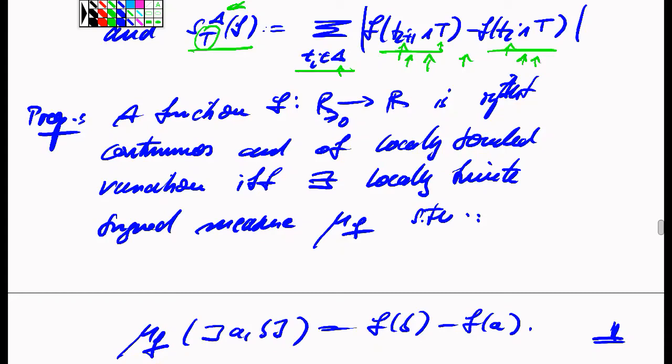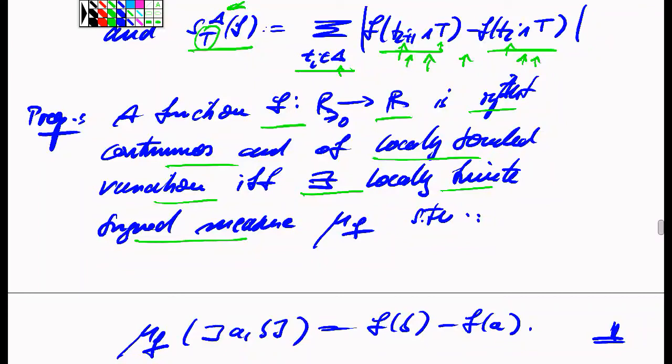And this proper statement goes as follows. A function which, for instance, goes from the non-negative reals into the reals, such a function is right continuous and of locally bounded variation if and only if we find a locally finite signed measure, so a measure which can give back values, not only non-negative values, but can also assign negative values to certain sets.